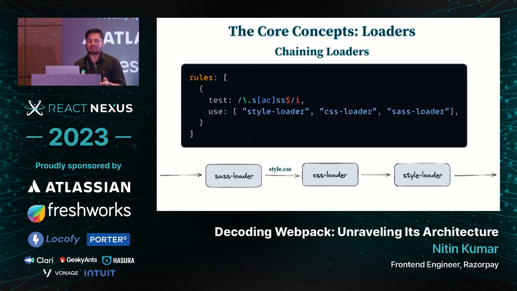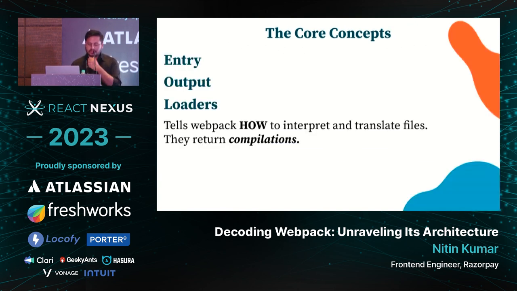Then the CSS loader will come into play and convert it to a JavaScript file, and then the style loader will convert it into inline style in browser.js, which will load all your styles into your browser. So basically, loaders tell Webpack how to interpret and translate files. They run during compilations. We'll talk more about compilations in the coming slides.